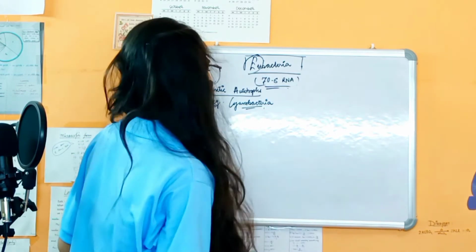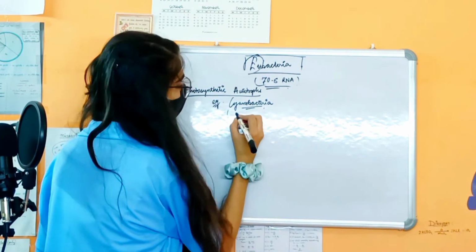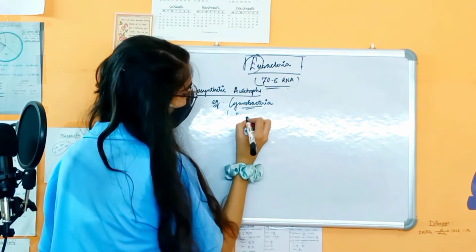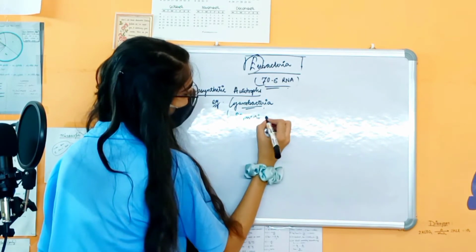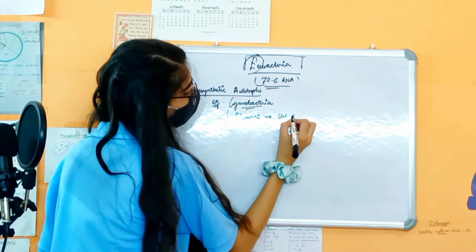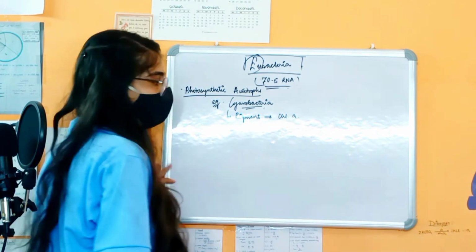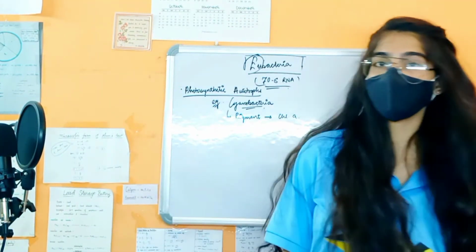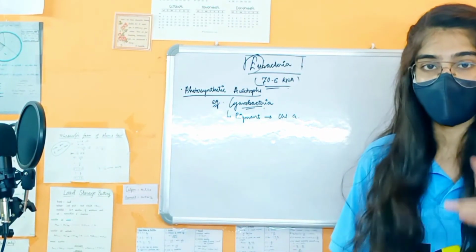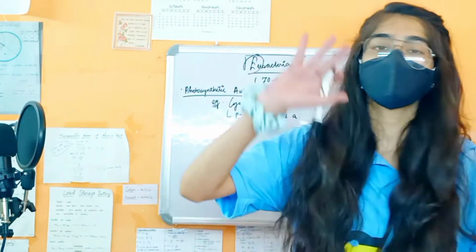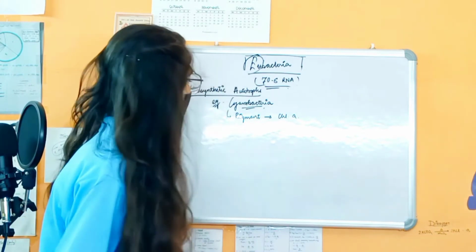The pigment present in cyanobacteria is chlorophyll A, which is the universal pigment, along with beta carotenoid. They are present in all the plants and algae, the plant kingdom.